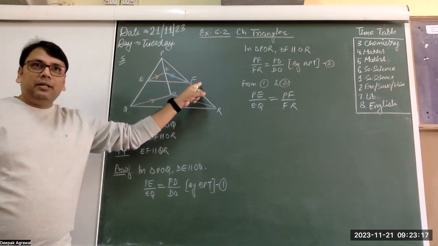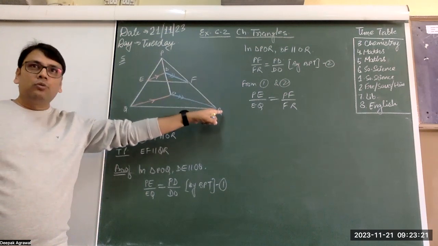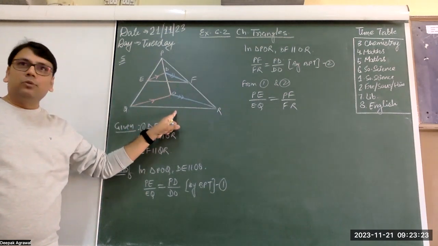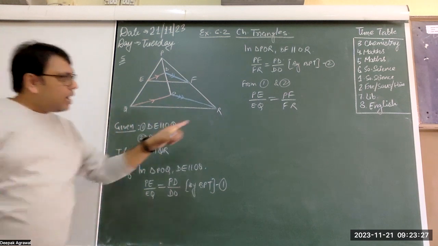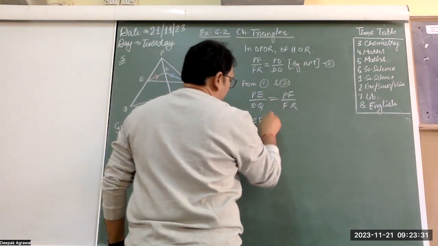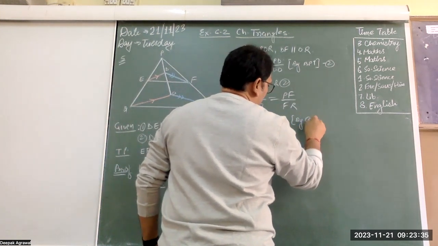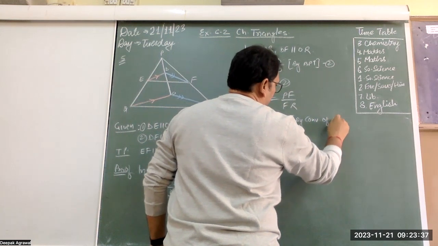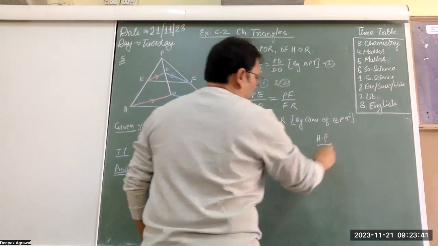If a line divides the two sides of a triangle in the same ratio, then the line has to be parallel to the third side. Converse of BPT. Fine. So if this is equal, it means that EF is parallel to QR by converse of BPT. And this is what we are supposed to do.